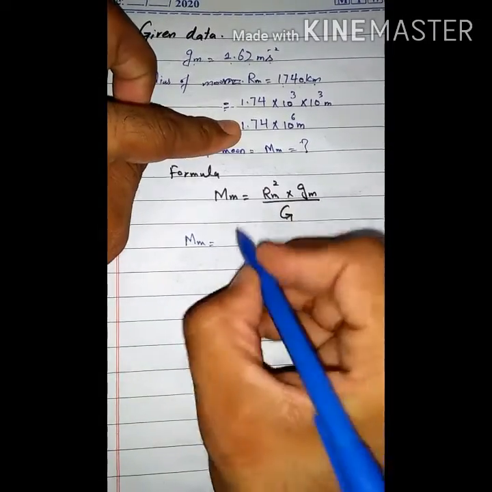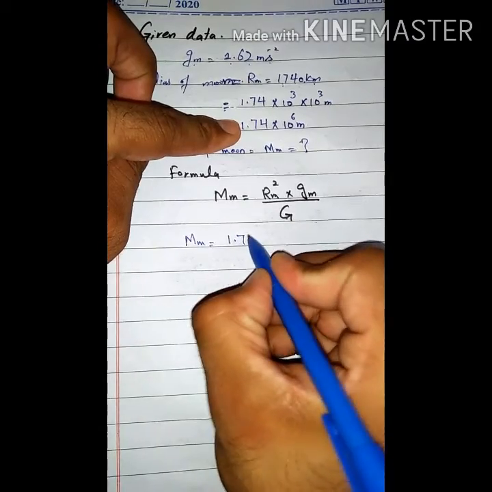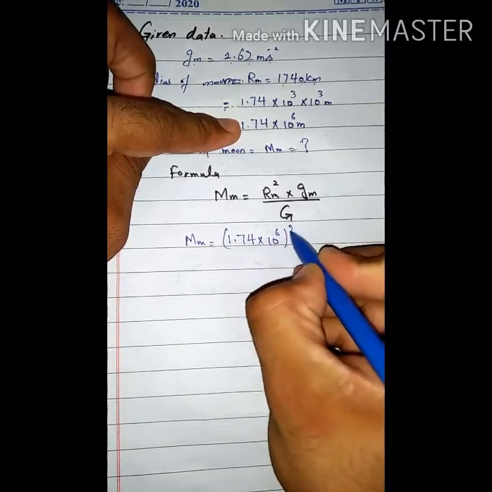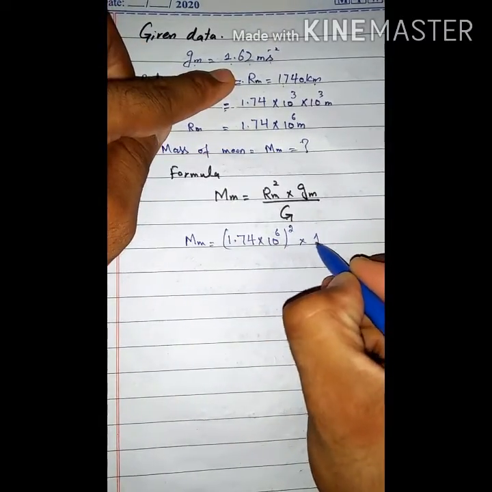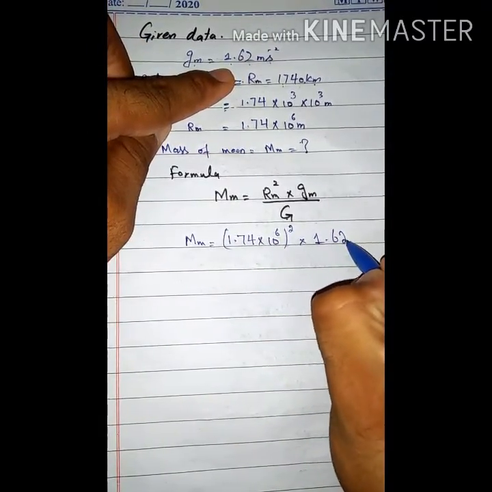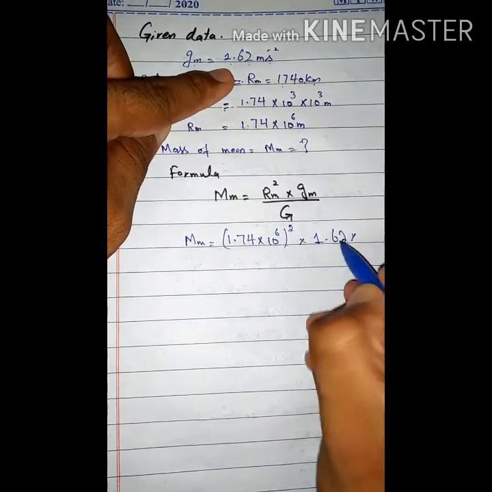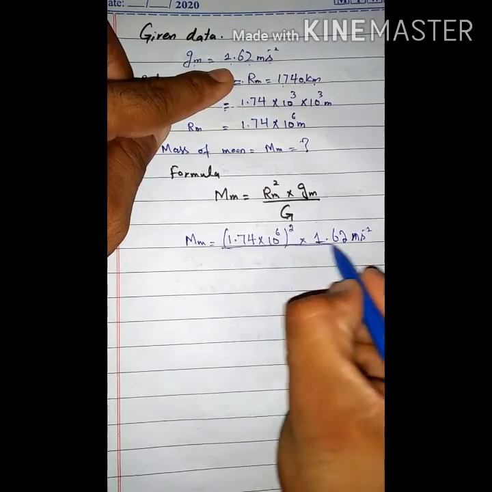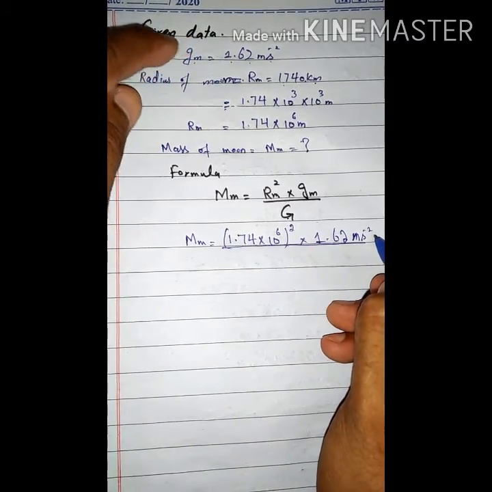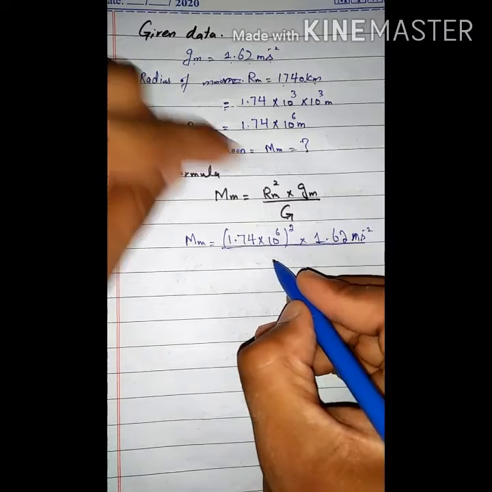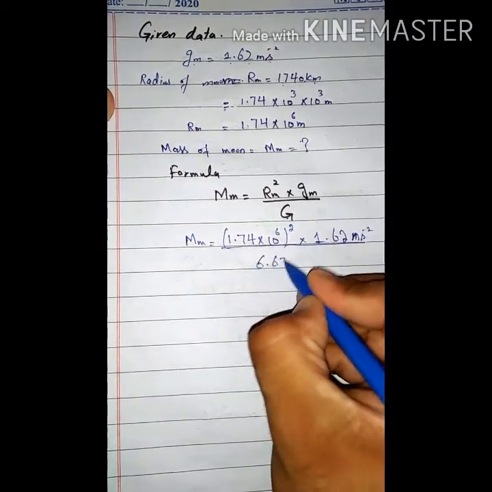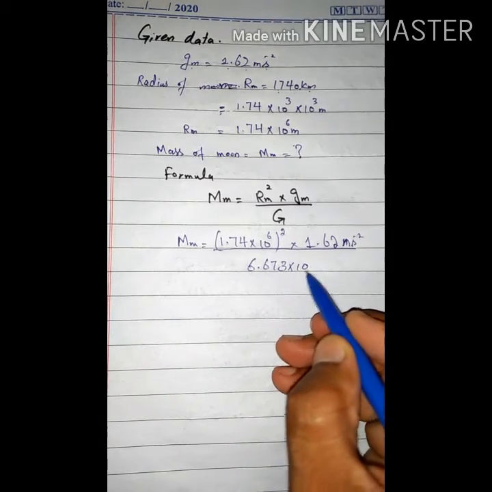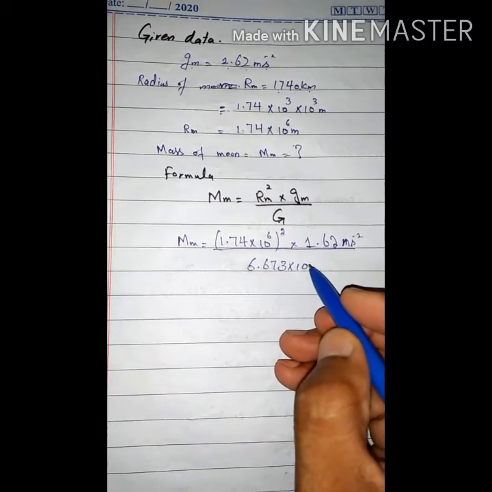Okay, rm we know that 1.74 multiplied by 10 to the power 6 square multiplied by g value is 1.62 meter per second square. Okay, now it will be divided by the capital G, and the value of G is 6.673 multiplied by 10 to the power minus 11.